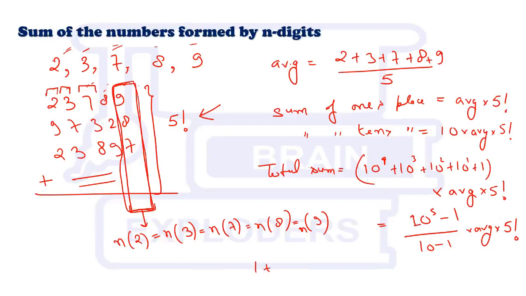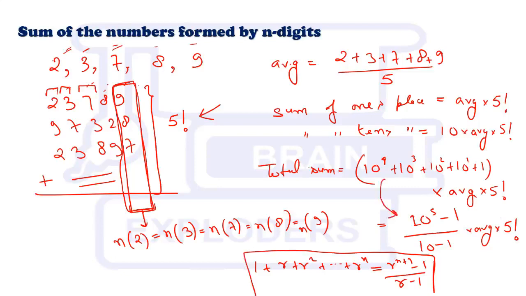A (1 plus r plus r square plus so on up to r to the power n) is equal to (r to the power n plus 1 minus 1) over (r minus 1). We are using this formula to go to this step from this one.